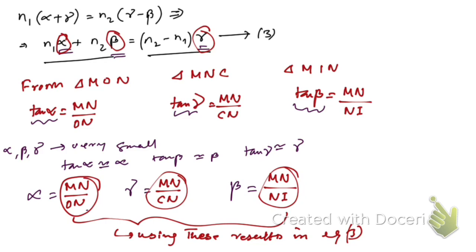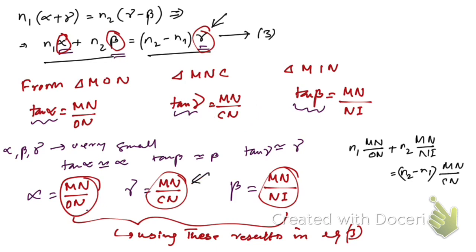Then we will have N1 MN by ON plus N2 MN by NI is equal to N2 minus N1 into, now gamma is replaced by MN by CN, right? So here MN by CN, that's what we have got.